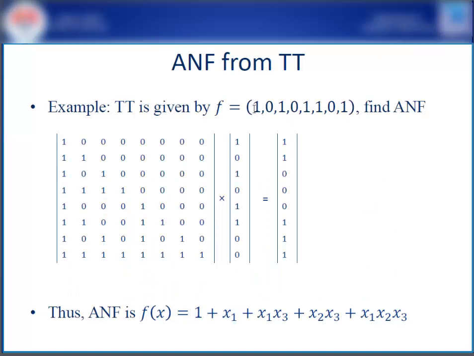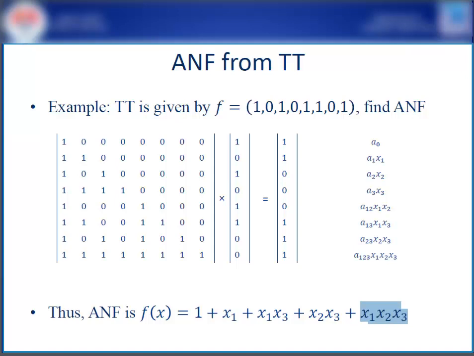Here we have a truth table given by 1, 0, 1, 0, 1, 1, 0, 1. The result of multiplication gives us this vector of coefficients. So that means that coefficients a0, a1, and the last three coefficients are equal to 1, so we end up with the algebraic normal form of 1 plus x1 by x3, which corresponds to this one, plus x2 by x3 plus x1, x2, x3.